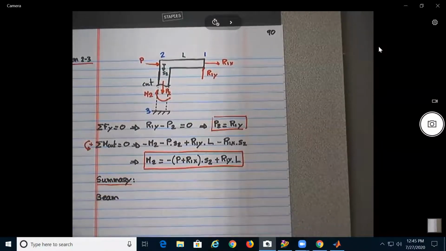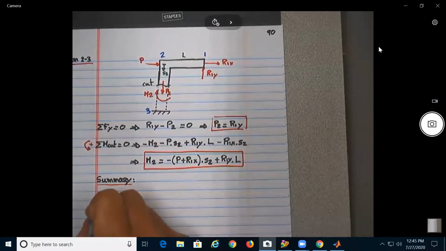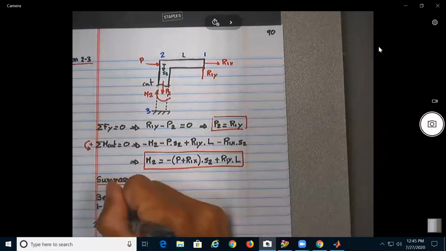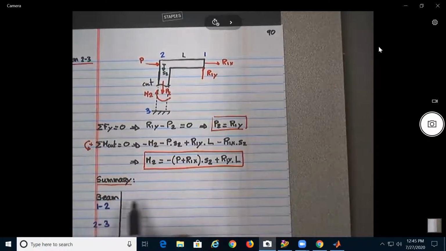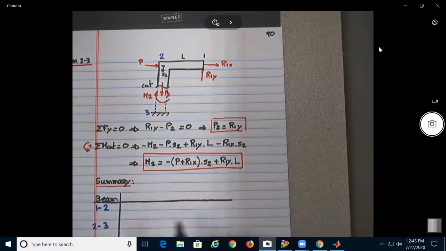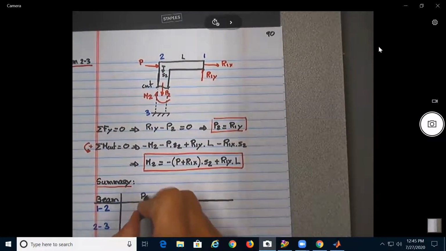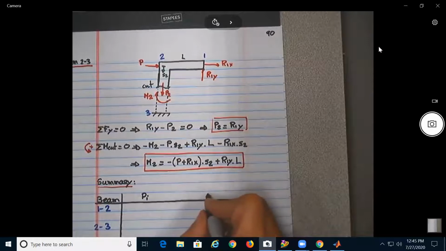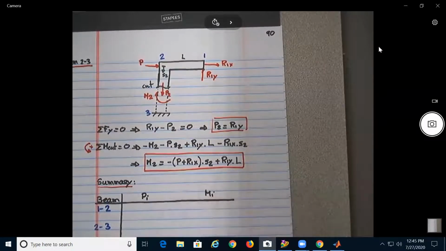So we have beam 1, 2 in this space and beam 2, 3 here. I don't know how much space we're going to need, but okay, so we're first going to look at the axial force, and then at the bending moment.